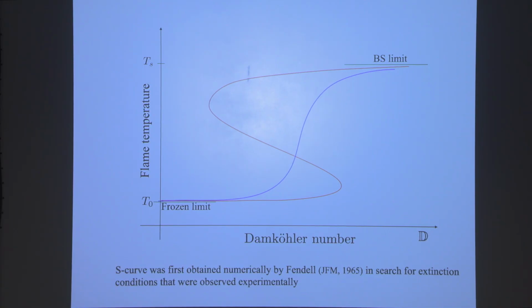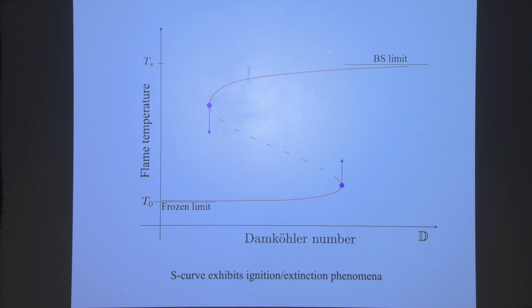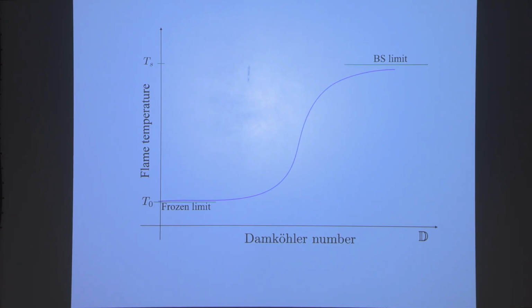diffusion flames. It was first obtained numerically by Fendell in '65, numerically. And later it was shown that, as I have in fact described to you earlier, the asymptotic limit gives you, in fact, the turning. Let's go back.